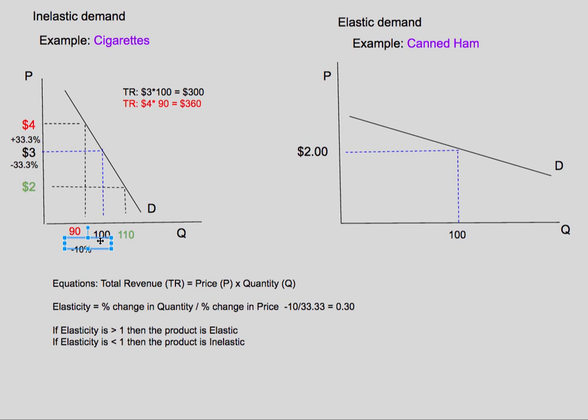Well, it's important in that you're seeing that, again, the percentage change is 10% from a 33% price change. So we have, in this case, a plus 10% change in price. And I'll move this over a bit.